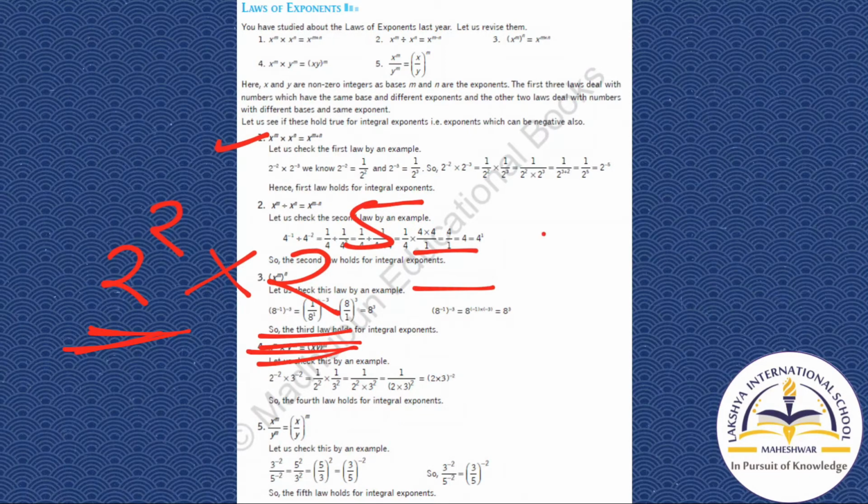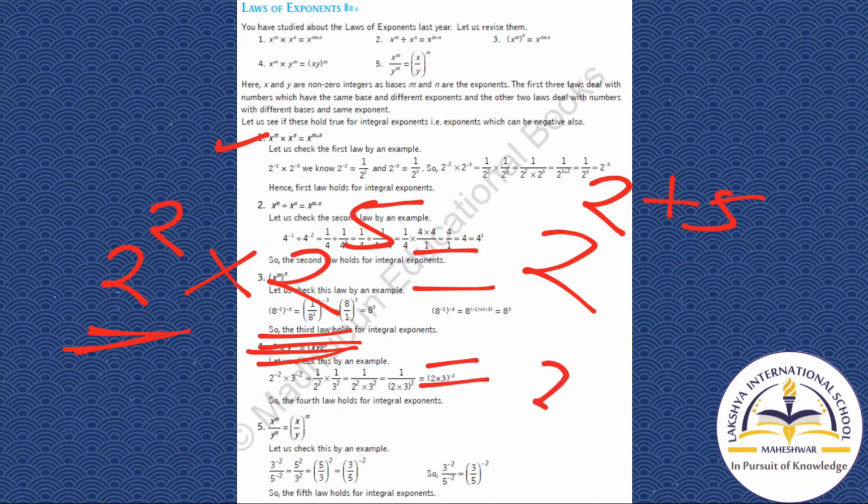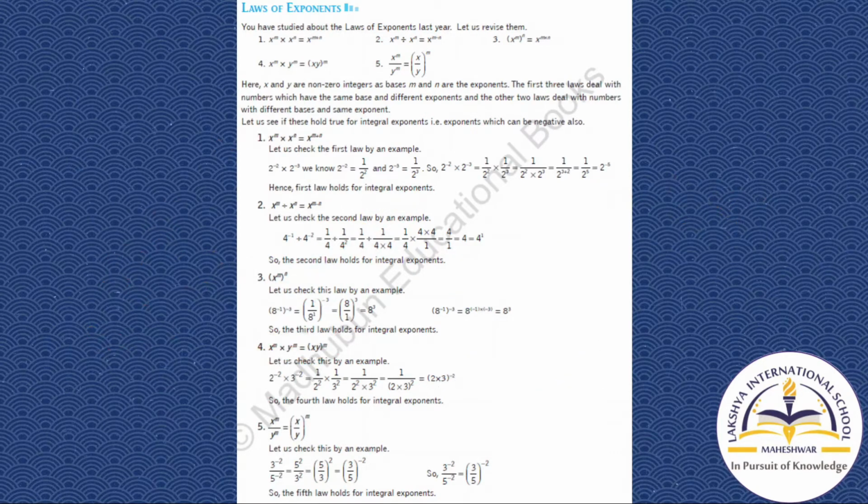Now what are the powers? 2 and 5. So the powers get added. Power will be the addition, 2 to the power 7. So like this you have to solve.